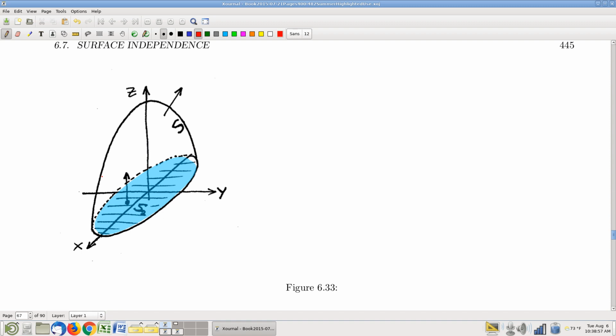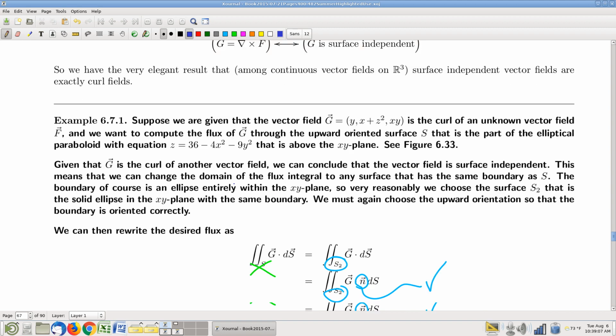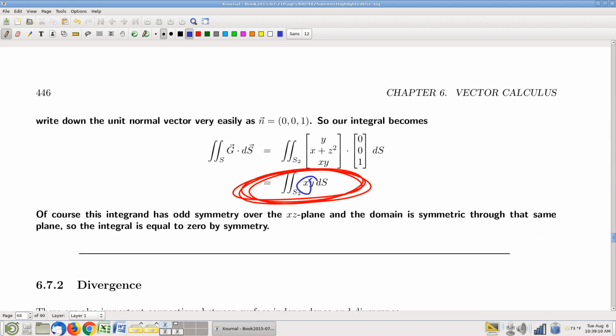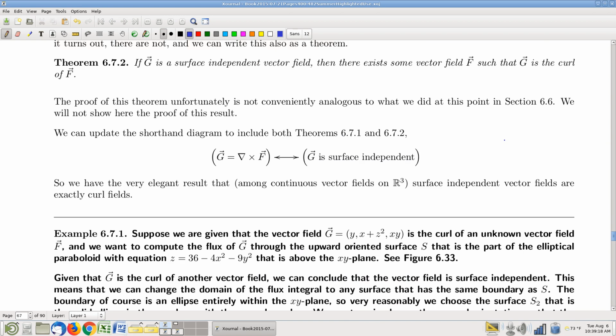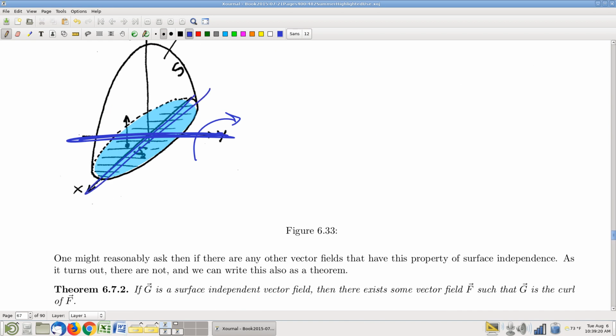And now pick your symmetry argument. Reflecting over the y-axis, you can write down the formula for the reflection. It's not hard to show that this function does have odd symmetry over that y-axis. Or if you want to use the x-axis, totally cool, that one works too. We're in a fortunate situation: this domain is symmetric over either axis.